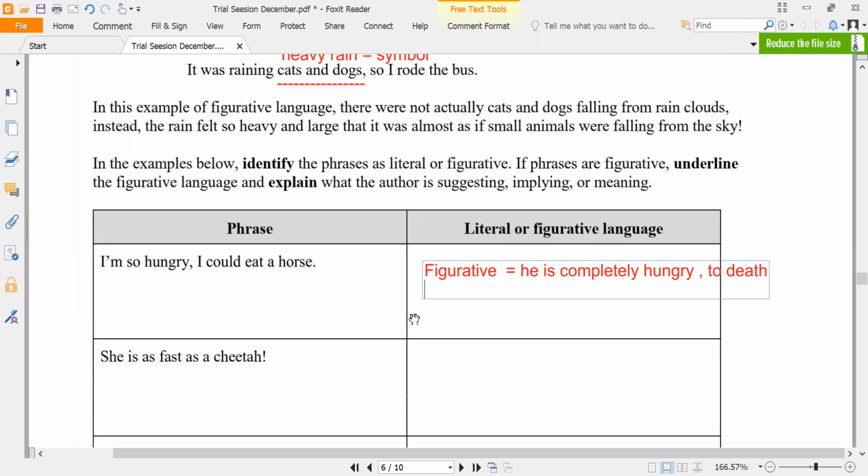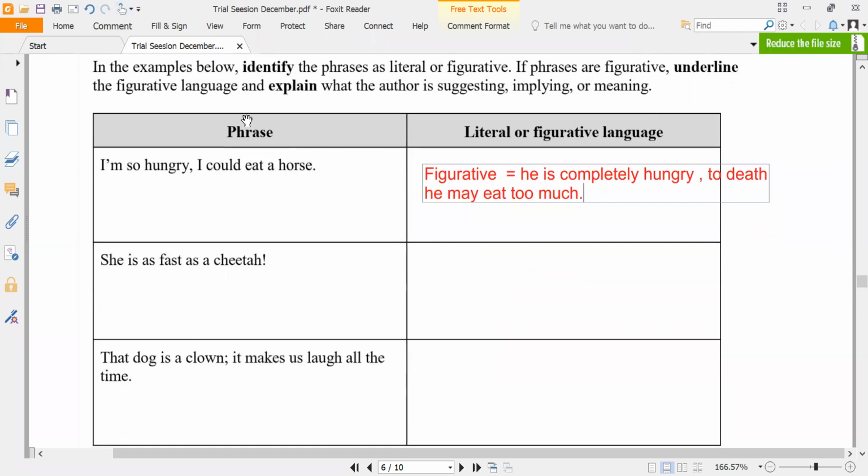So he symbolized eating a horse, meaning he may eat too much. This is the meaning of this expression. Okay. Next, she is as fast as a cheetah.